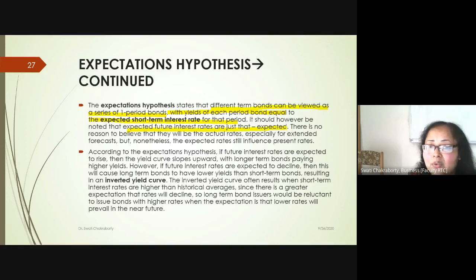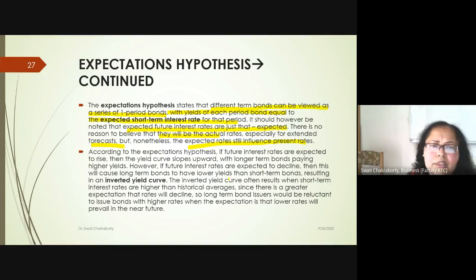There's no reason to believe they will be the actual interest rates, especially with extended forecasts. Still, despite that, expected rates influence the present rates.